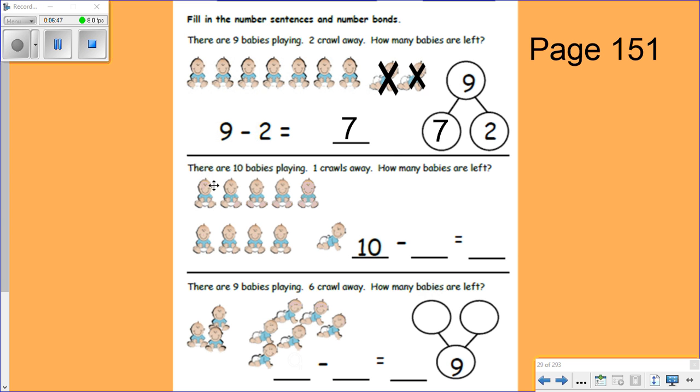Let's read this one and then you try it for yourself. There are 10 babies playing. 1 crawls away. How many babies are left? So right now, put an X on the 1 that crawls away and then fill in the equation.